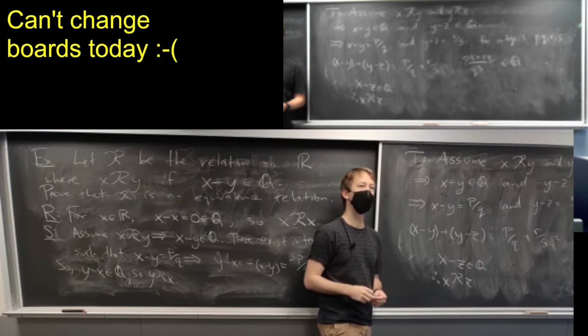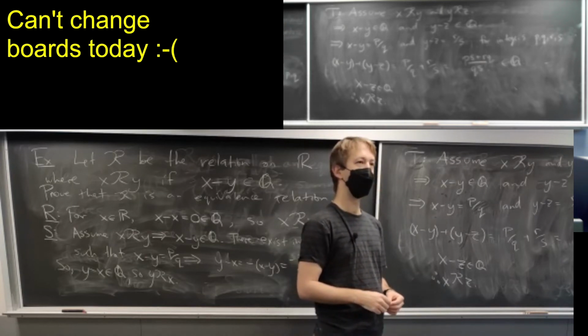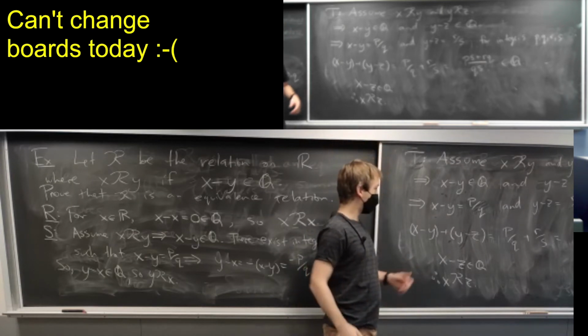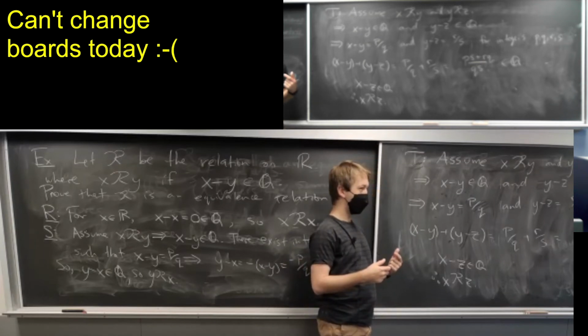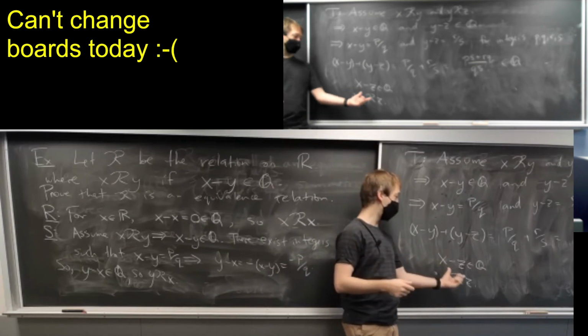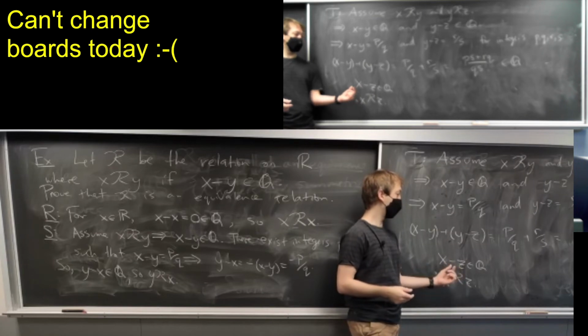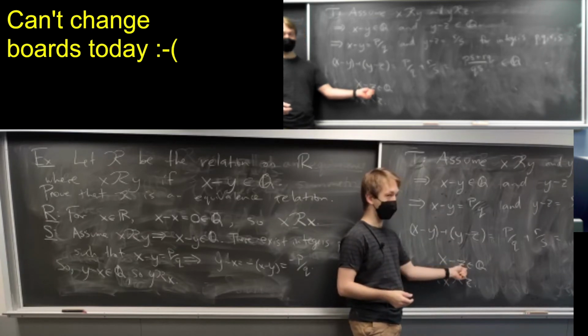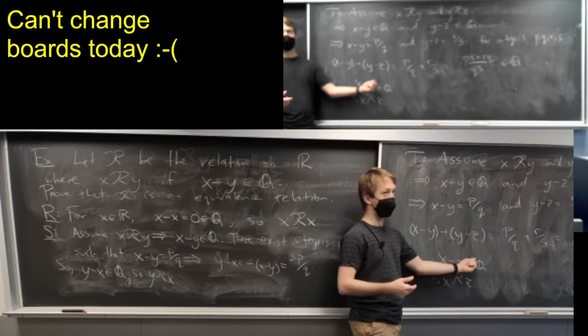Yep. So that was totally just noticing, first of all, knowing what I'm trying to get to. I want to know something about x minus z, and in particular, I want to know it's rational.